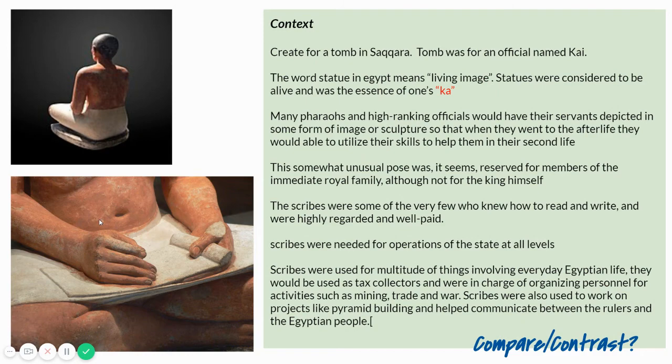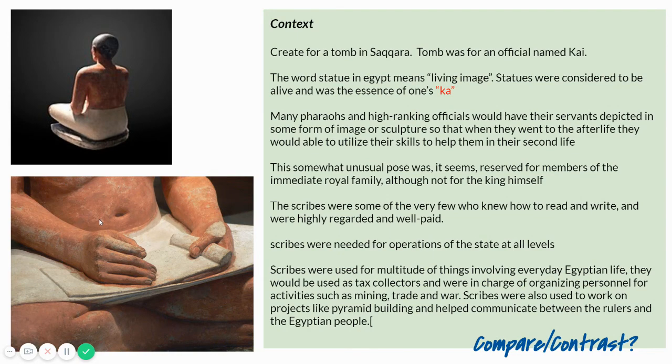So with that belief, many pharaohs and high-ranking officials would have their servants depicted in some form of image or sculpture, so that when the pharaoh died, or this high-ranking official died, these statues, okay, that embodied the ka of their attendants or their servants, were buried in their tombs with them.